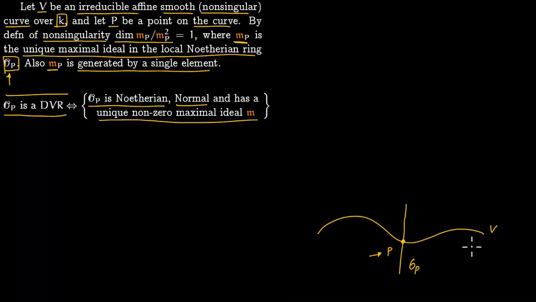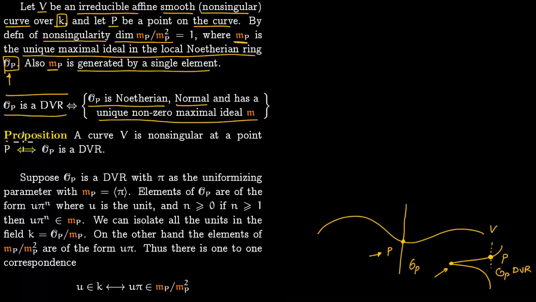So even if the curve is singular somewhere here, we can always talk about the point P here. This point P will have an associated ring O of P, and this ring would be a DVR, because at least at this point the curve is smooth and the singularity is right here. If you take a ring at the singularity, then it will not be a DVR.